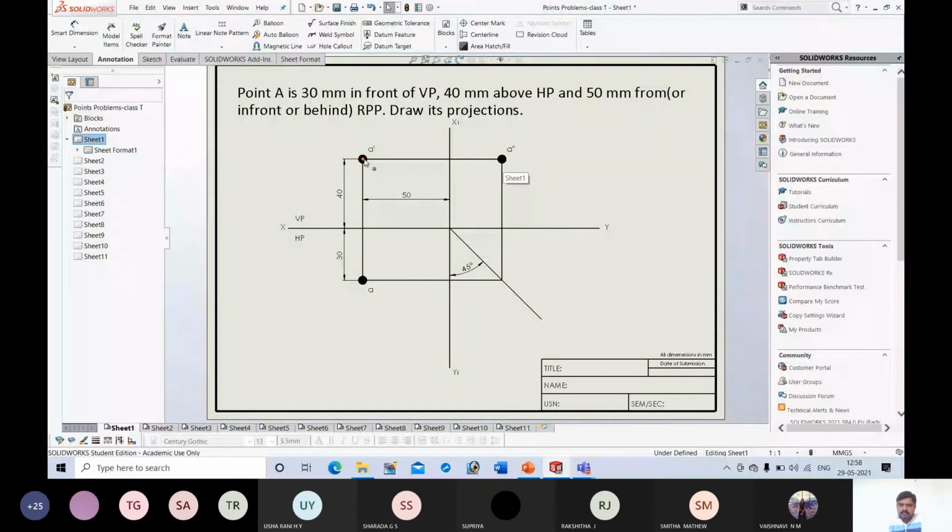Where exactly will be decided by this profile view. Since it is the first quadrant, I will draw this 45-degree inclined line below the XY line. Then I will draw this vertical line till here. Then from here I will draw a horizontal line. It will cut this vertical line at a point, that is the top view.